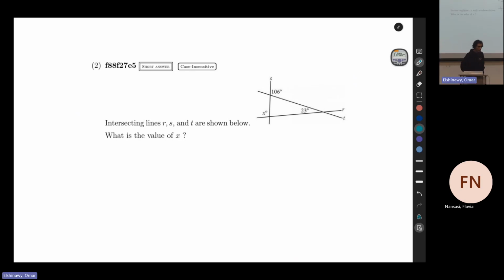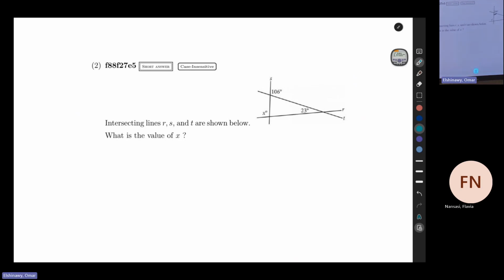Would you like to do it? Sure. You know how to activate the update. Let's try to do it. So find this angle here.